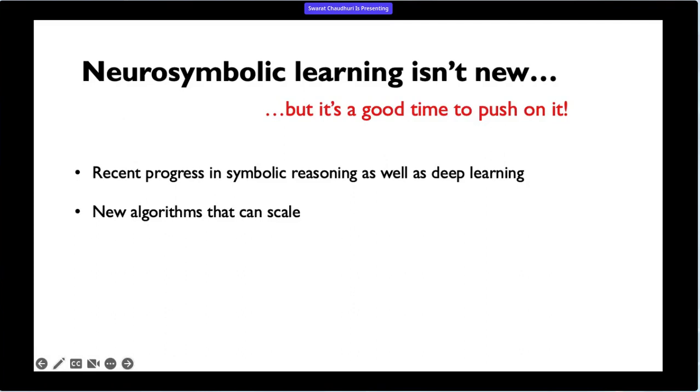But now it's a really great time to push on these ideas. And the reason is that there's been a lot of progress in the symbolic formal methods community over the last 20, 30 years, and of course, all the revolutionary advances in deep learning. We have new algorithms that can scale as a result of this.